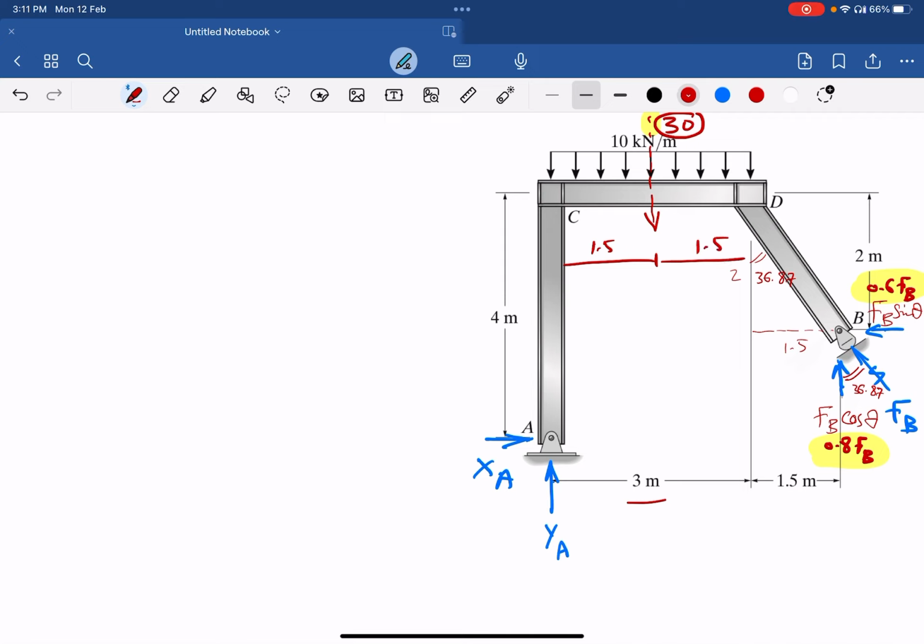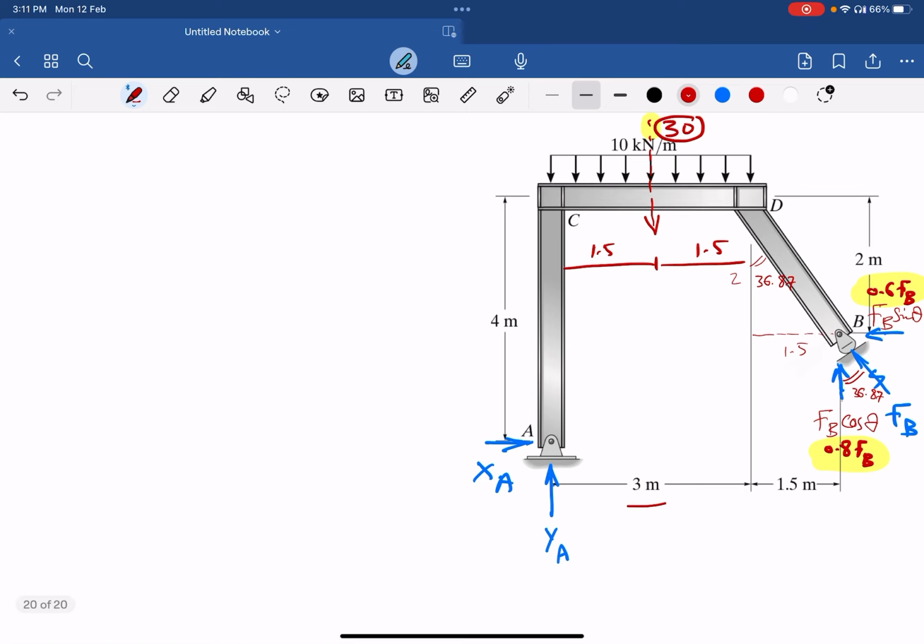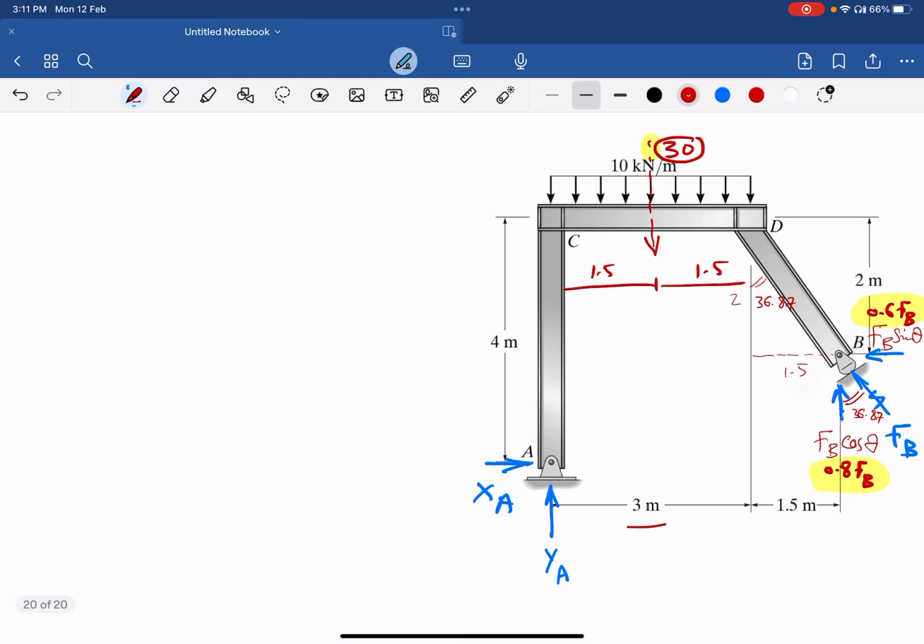Okay, so now we are ready to start getting the reactions. We can take summation of force in X direction, but we will have two unknowns, 0.6 FB and X at A. So let's use another option. If we take summation of force in Y direction, we have YA and the 0.8 FB, so again it will not work.